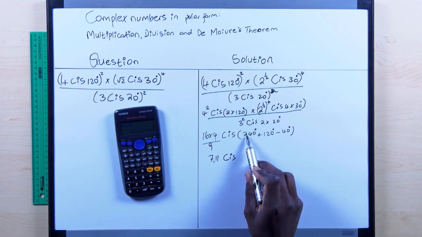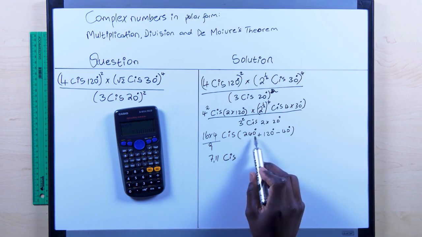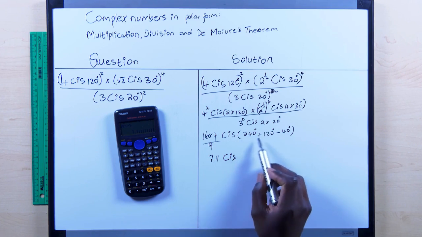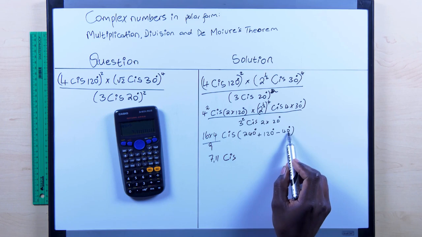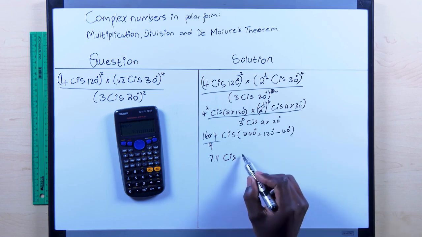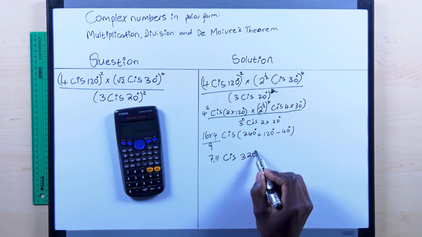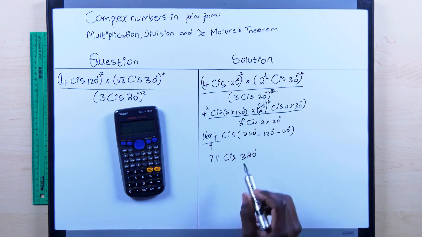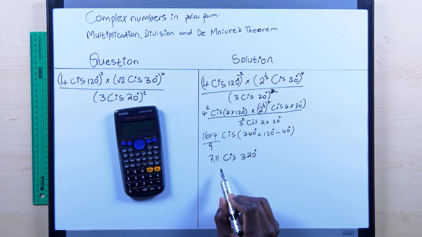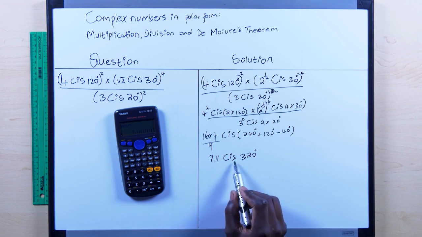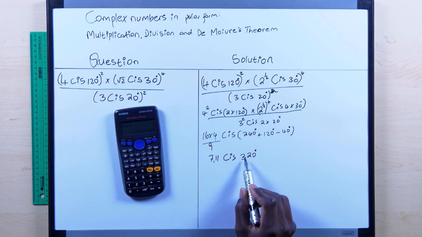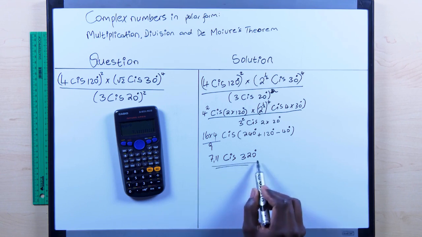Then we add 240 plus 120, that's 360, a full revolution, minus 40, that gives you 320. So our final answer will be 7.11 with an angle of 320. That's your final answer.